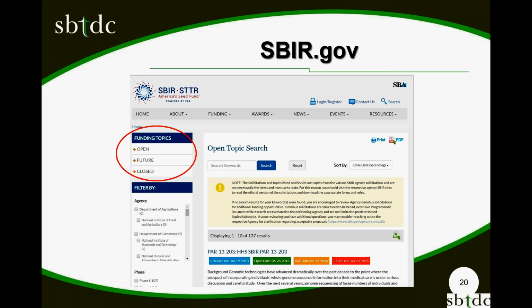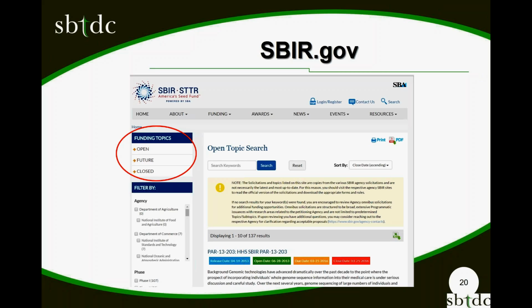The link for future solicitations offers an overview or a sight into the future of what are the release dates of solicitations for agencies coming up over the next 6 to 12 months. Okay, so you would see in there that DoD, for example, would have a release coming up in April, for example. Okay, and you would set that in your calendar and come back in April to look at what exactly their topics are then.